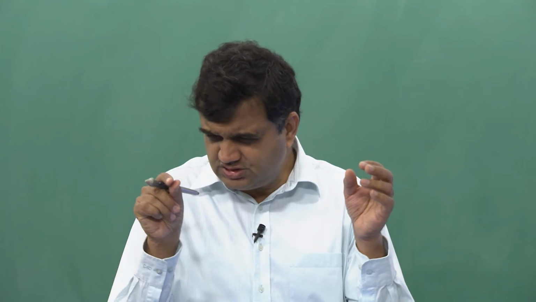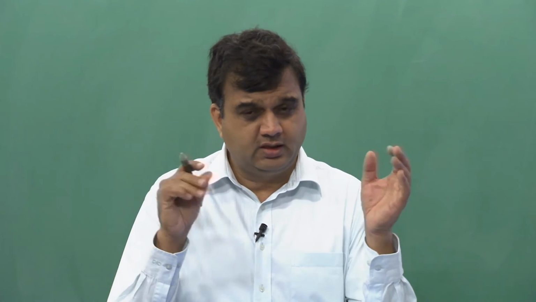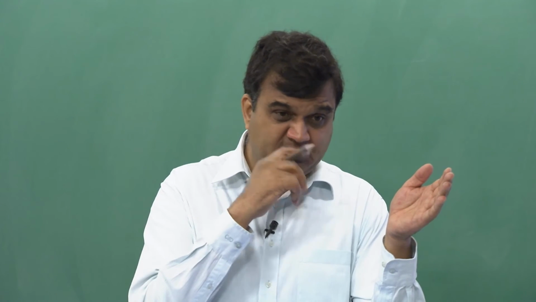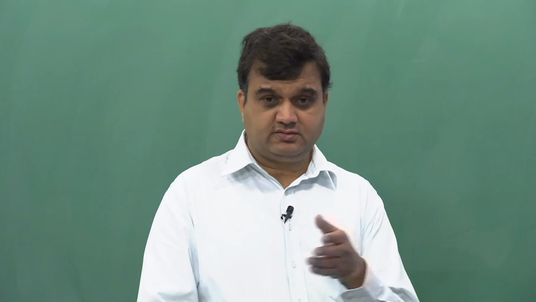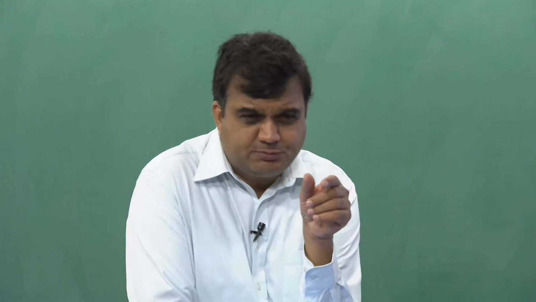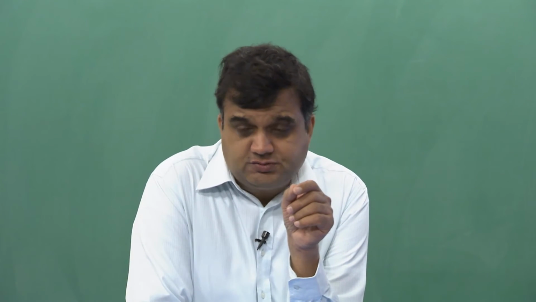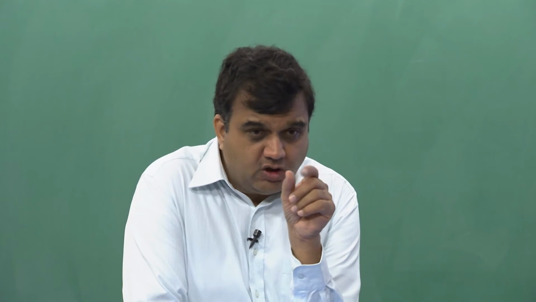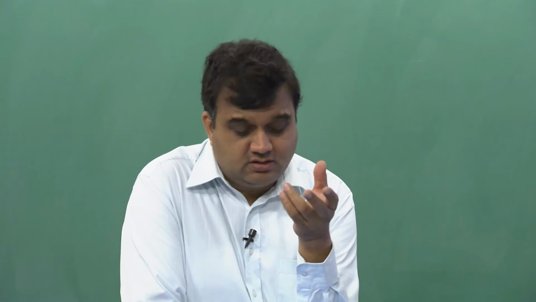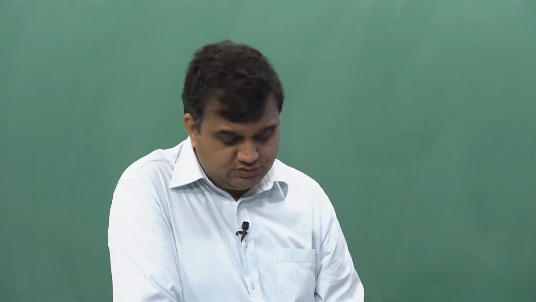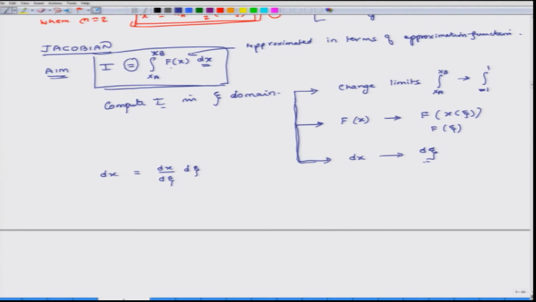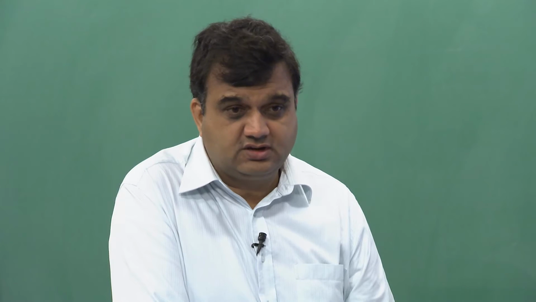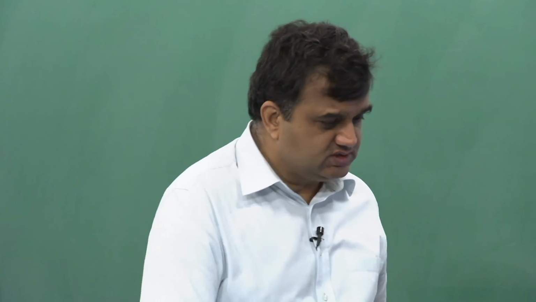So, dx means the position is changing by a very small amount in the x domain, because x represents position, right. So, dx means an infinitesimally small change in x. That small change in x, I can divide it by any number. So, I am dividing it by d zeta, which is a small change in zeta, and I am multiplying it by a small change in zeta. That is what it means physically, right.